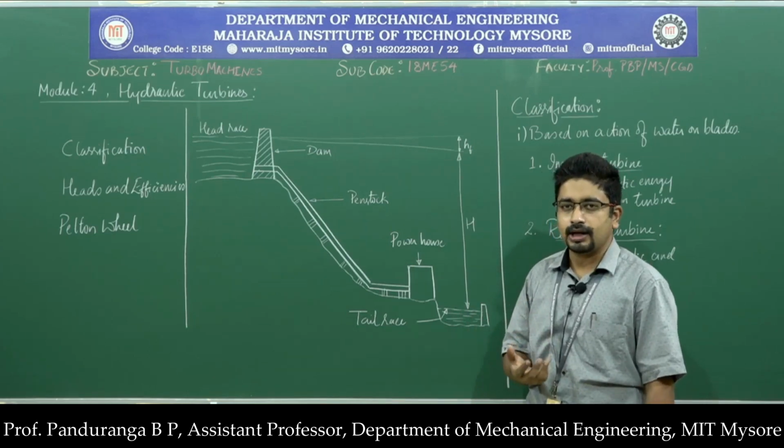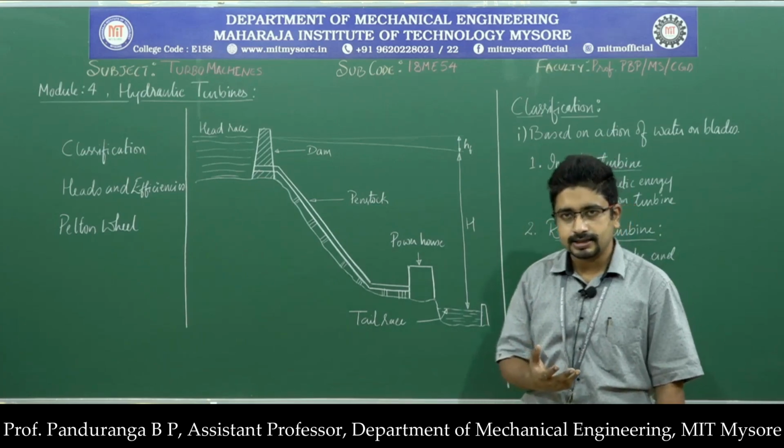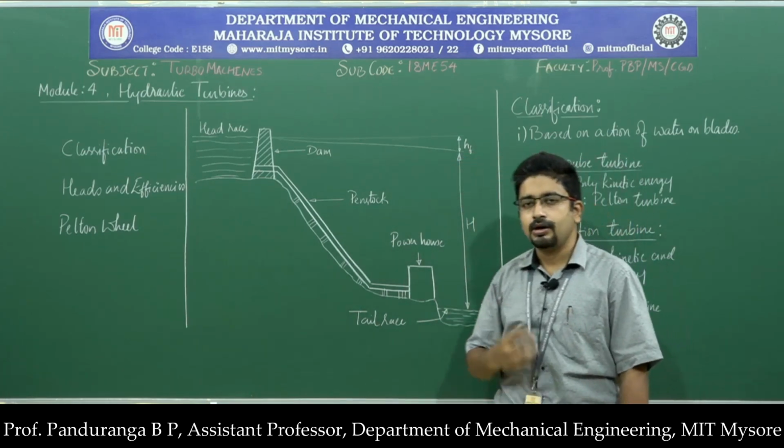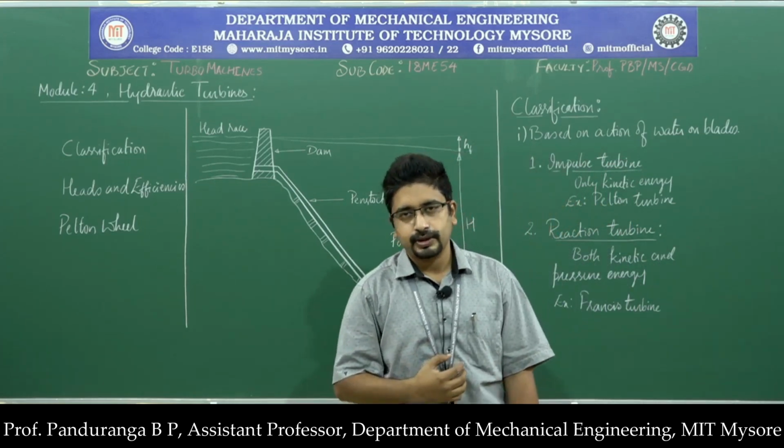So the net head available for production will be H, which is Hg minus Hf, that is the friction losses in the penstock.